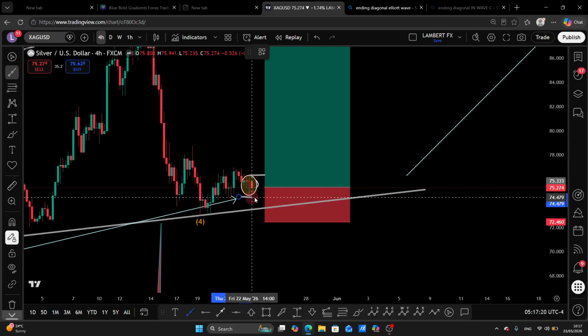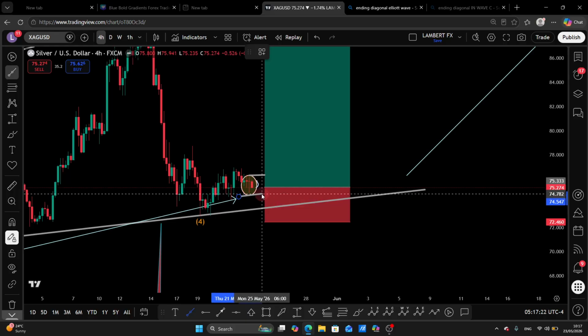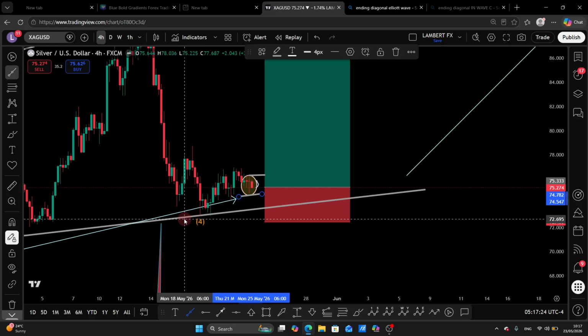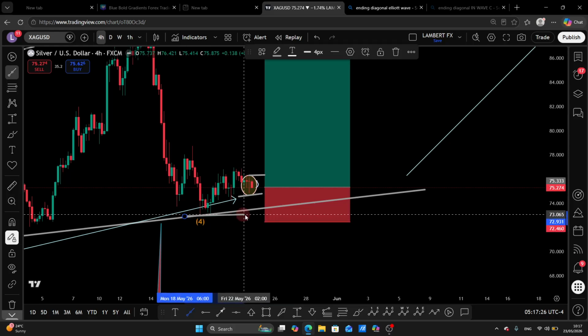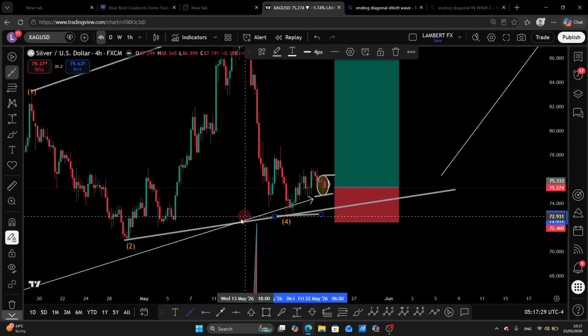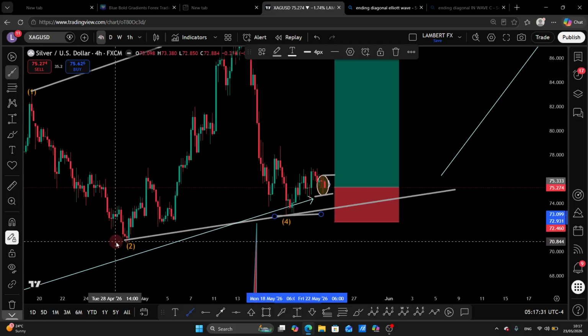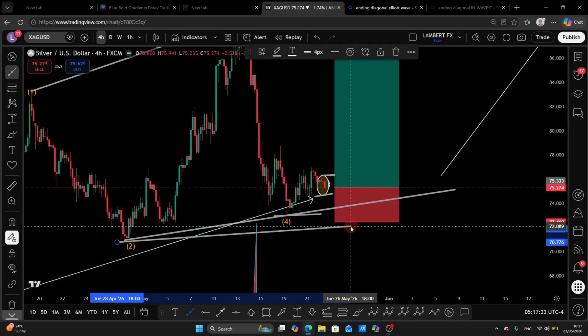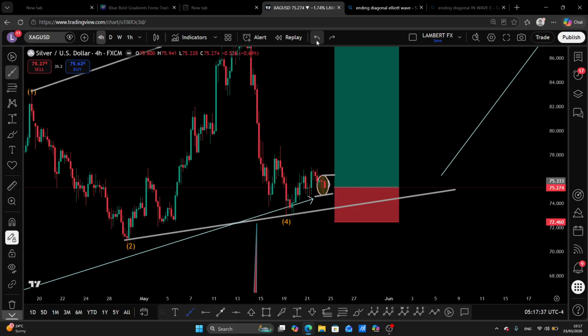You may choose to hide your stop below here, or go below this low here, or even below this 2 here. The choice of stop loss is entirely yours.